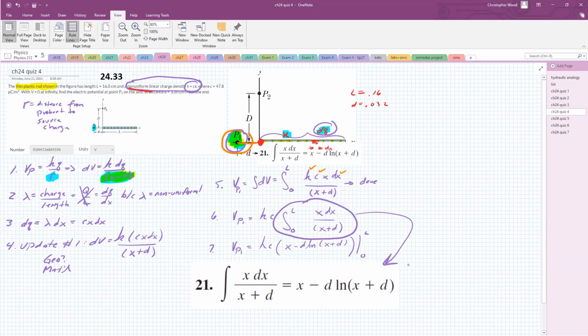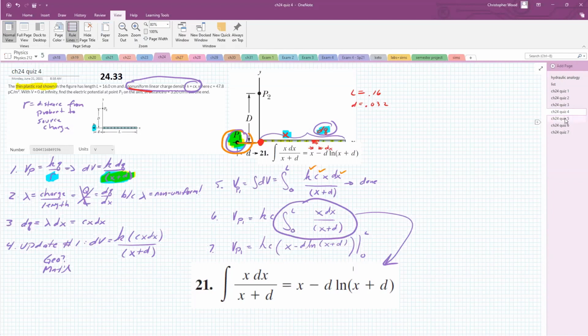Another option is to do it on your calculator. The only problem with doing it on your calculator is it might eliminate some partial credit opportunity if you get the wrong answer. But in general, either way is good. Look it up in the table, or do it on your calculator. Okay, so that was integral number 21.